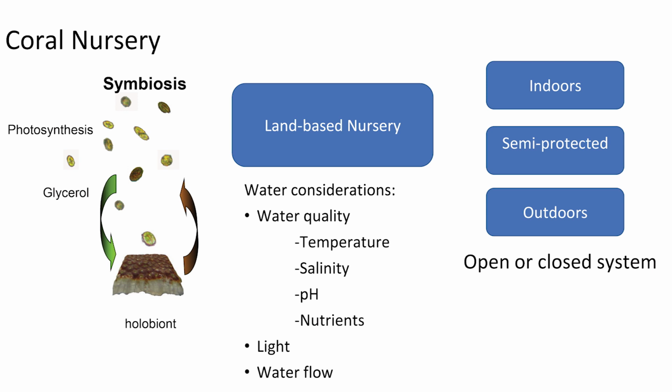For instance, you don't have doors. And totally outdoor nurseries, which obviously means aquarium systems under the sunlight. And of course, this can be either an open or closed system, depending on whether you are doing continuous water flow exchange or just periodic exchange.